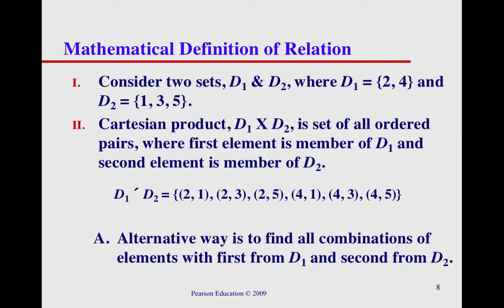At any rate, you can see that we have here the 2, and it can be combined with any of the 3 elements from D2, so 2, 1, 2, 3, and 2, 5. And then 4 right here can also be combined with any of the elements 1, 3, and 5. So we get 6 potential elements.